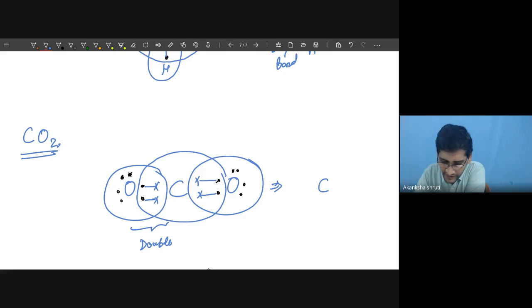Carbon is forming two bonds, because sharing of two electrons from the carbon to the oxygen means two pairs of electrons are shared with one of the oxygen. The same way, two pairs with the other oxygen. So this is the simplest structure. Carbon is drawn at the center and two oxygens are drawn on either side. So drawing this is called a structural formula.